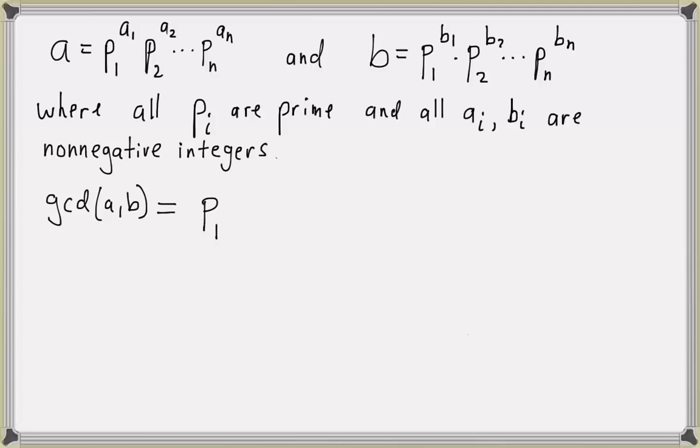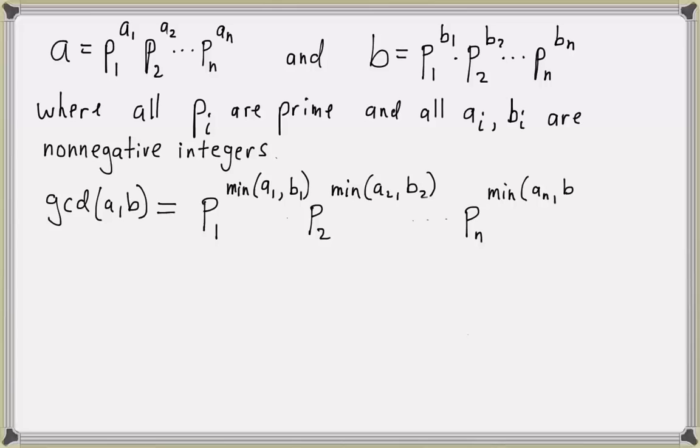So p1 to the minimum of a1, b1, times p2 to the smaller of powers a2 or b2, so p2 raised to the minimum of a2 and b2, times each prime factor up to pn raised to the minimum, the smaller of an and bn.